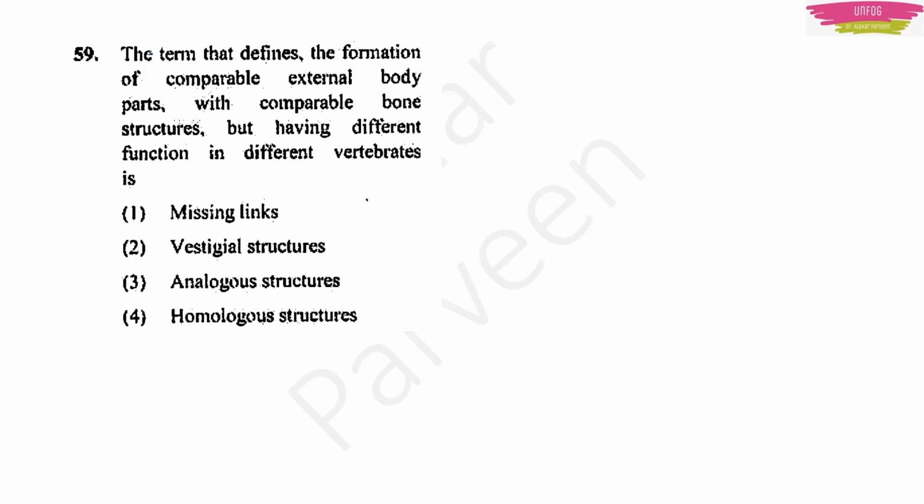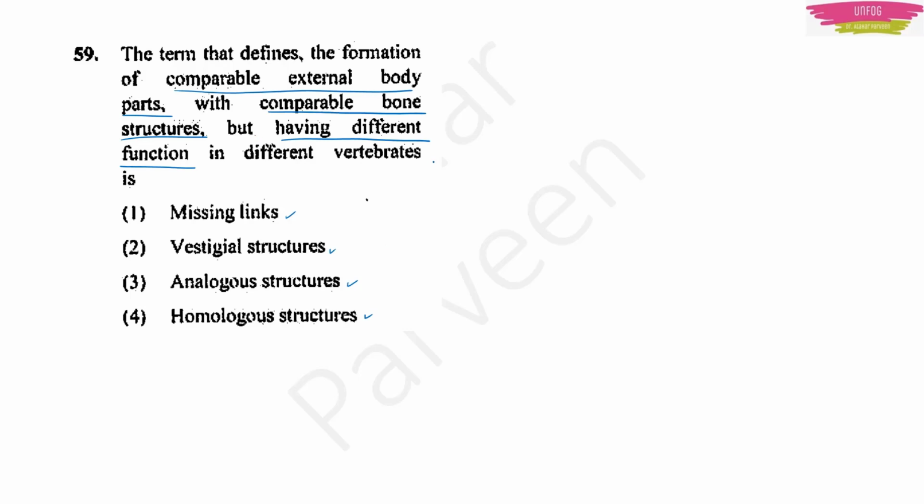Now next question we have, the term that defines the formation of comparable external body parts with comparable bone structures but having different functions in different vertebrates is. Option 1 is given as missing links, option 2 vestigial structures, option 3 analogous structures, and option 4 homologous structures.